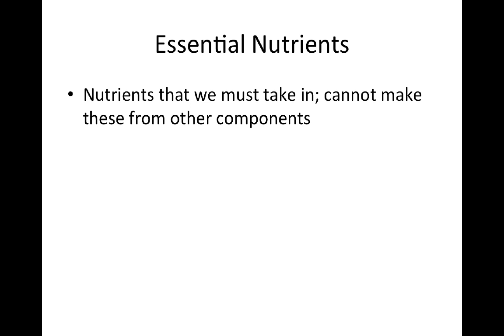There are some that don't fit this category precisely. Vitamin A, for example: if you take in beta-carotene, you can actually transform that into vitamin A. And vitamin D is another example, where you can actually synthesize this given the right amount of sunlight. So these would be non-essential nutrients in that your body can actually manufacture them.